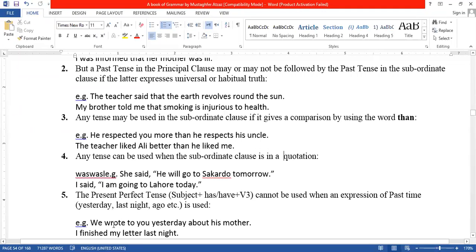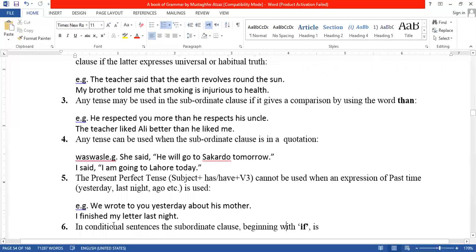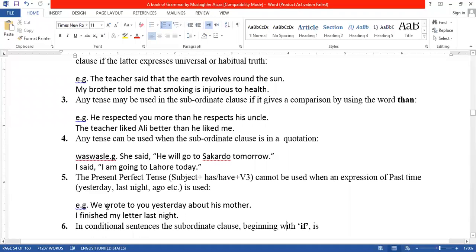present perfect tense, especially because a mistake is usually made with present perfect tense. For example, look at this. We wrote to you yesterday about his mother. Now this "yesterday" is an indicator, fine, that we cannot write present perfect here. For example, what can be the possible mistake? The possible mistake can be, "We have written to you yesterday about his mother."